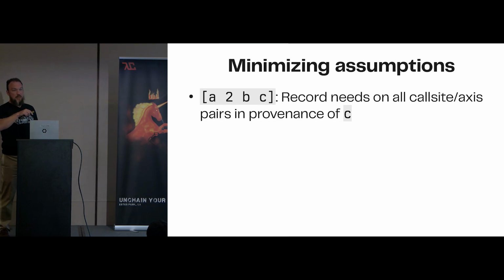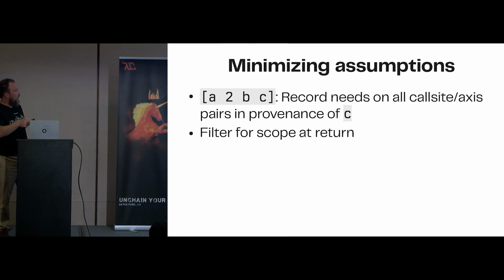So we're literally updating, if we remember that very simple mask data structure that's just a tree with bit leaves, we're updating one of those for each call site that is a parent scope of the call site we're evaluating now. And then when we return something back out of the analysis, that's where we filter it for scope.